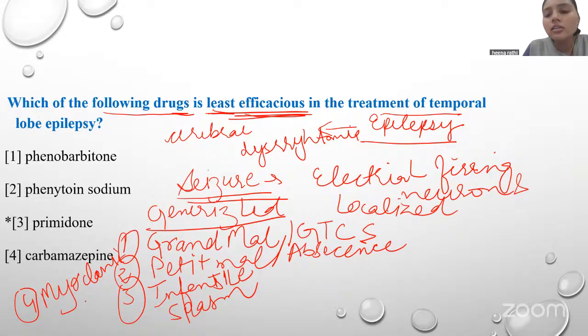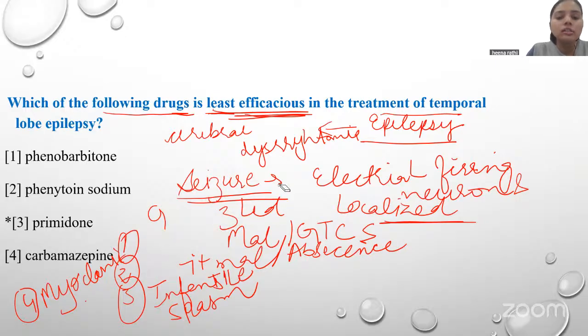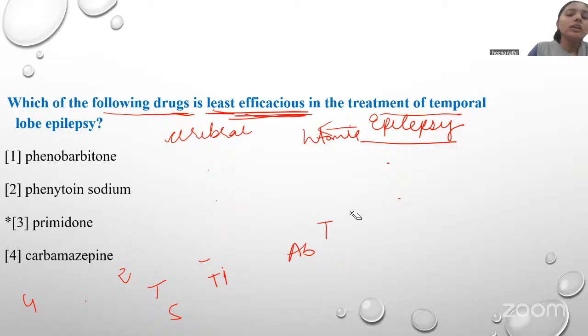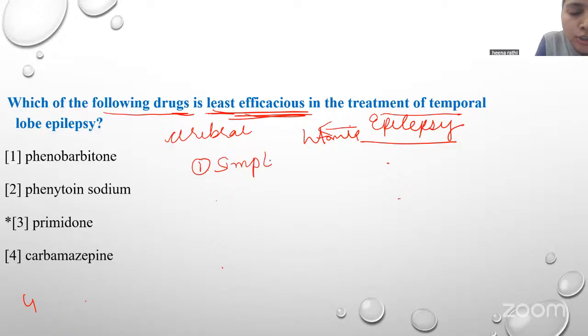Then there is localized epilepsy. Localized means it is involving a localized area in the cerebral cortex. If it is involving a single lobe in the cerebral cortex, it is called simple partial seizure.